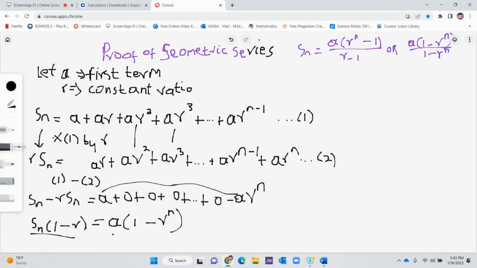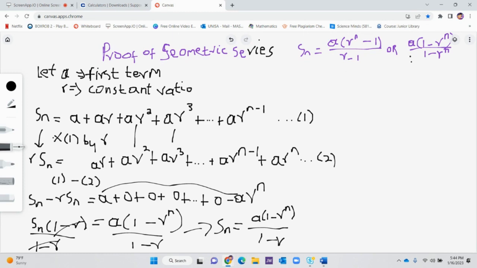Dividing both sides by 1 minus r, we end up with Sn is equal to, forgot the a, it's a into 1 minus r to the power of n divided by 1 minus r.